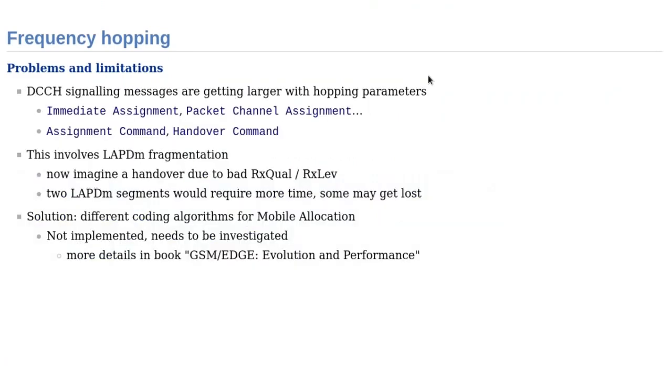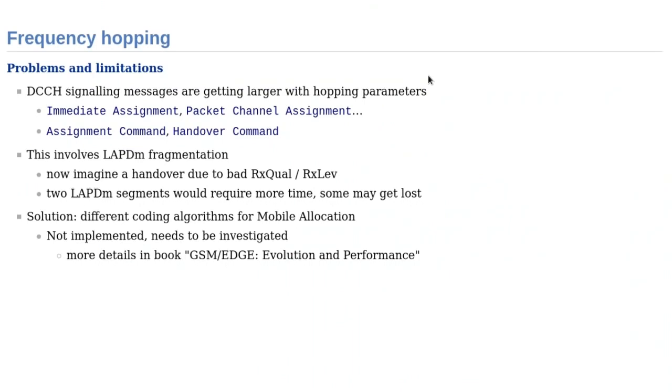And there are some non-obvious problems that we recently experienced in real setups. First of all, your messages on DCCH, like assignment messages, and especially the handover command and the assignment command, are getting longer because you need to include the hopping parameters.